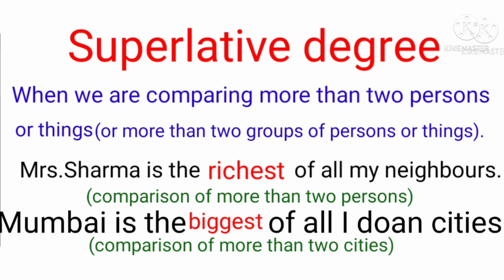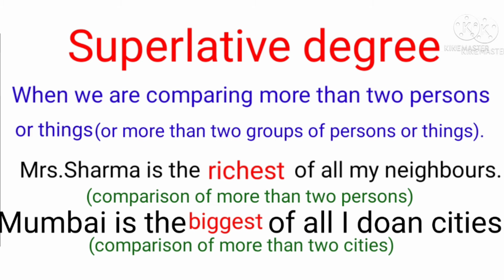Like here you can see I wrote, Mrs. Sharma is the richest of all my neighbors. Okay, so here what I am doing is a comparison of Mrs. Sharma with more than two persons. So here the degree of comparison is called superlative, and you can see the adjective rich became richest.